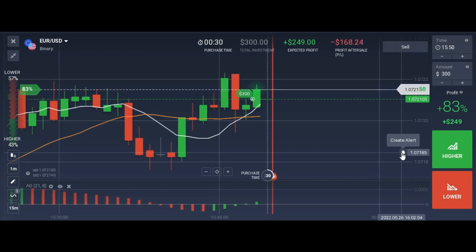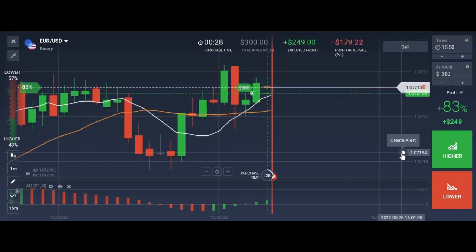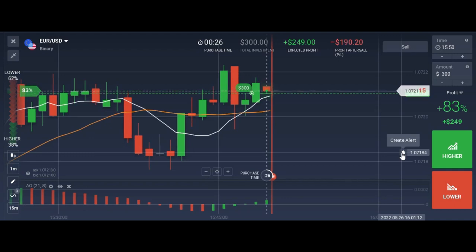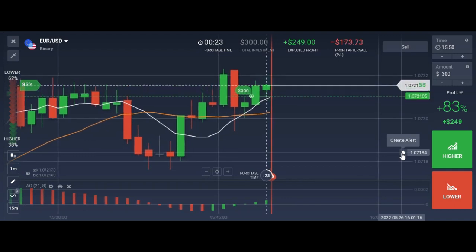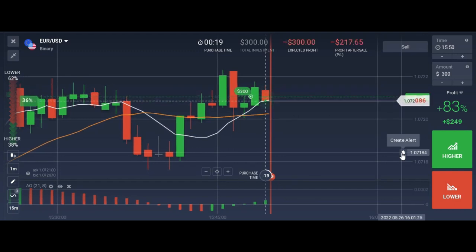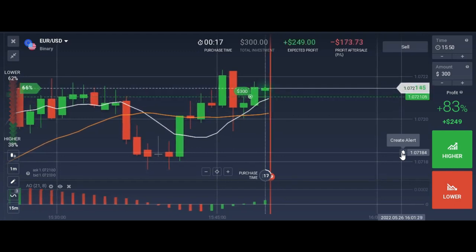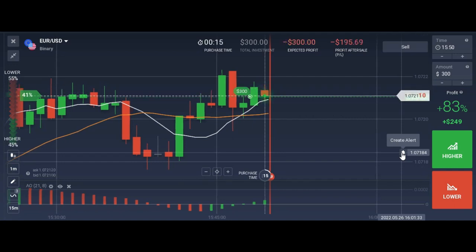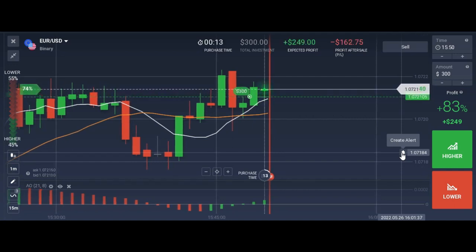Almost all of my strategies are used following the trend or in sideways trends. Operating against the trend decreases the effectiveness. The strategy works in the OTC market, so you can use it.